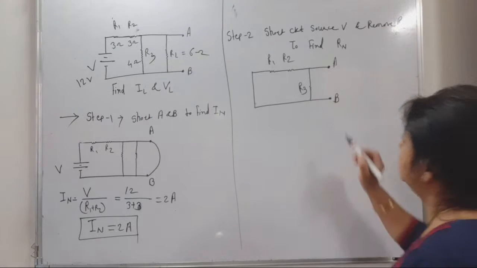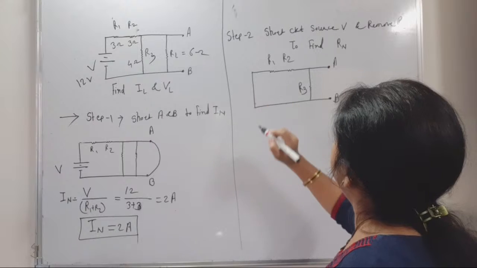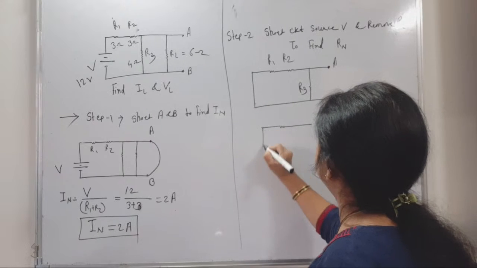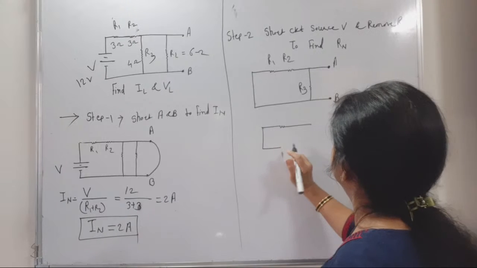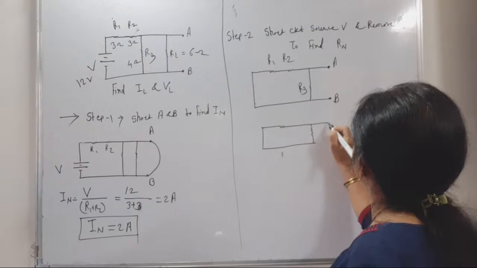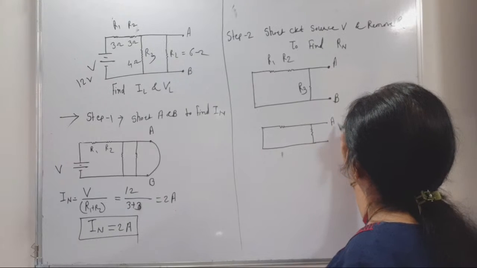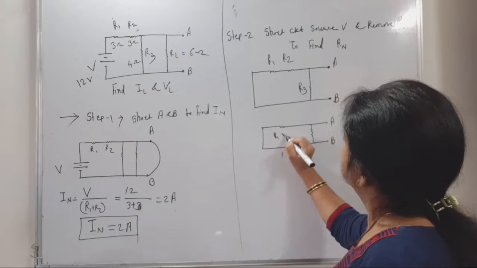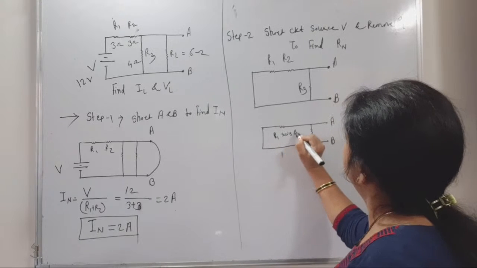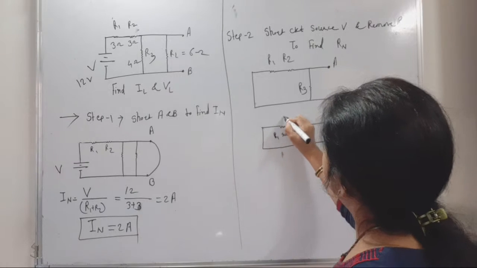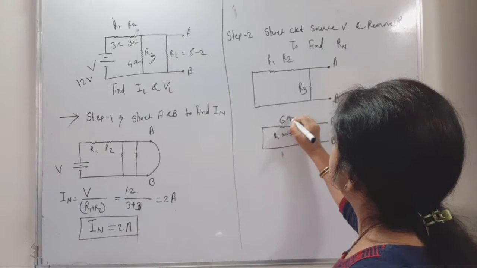Consider that R1 and R2 are in series. Therefore, the circuit diagram becomes like this. Here R1 series with R2, therefore 3 plus 3, 6 ohm.